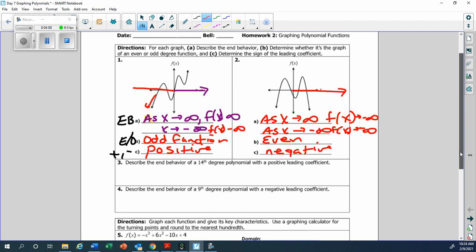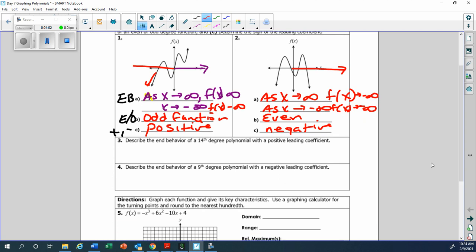Okay, so now number 3 is asking you to describe the end behavior of a 14th degree polynomial with a positive leading coefficient. So it tells you it's a 14th degree polynomial, right? And the leading coefficient is going to be positive. They're asking you for the end behavior, right? So as x approaches negative infinity, the graph is going to be going to positive infinity.